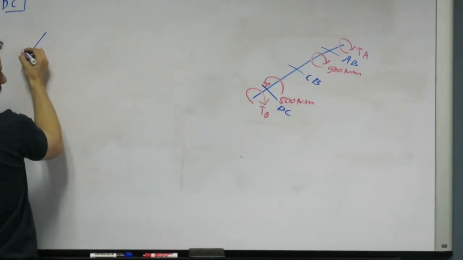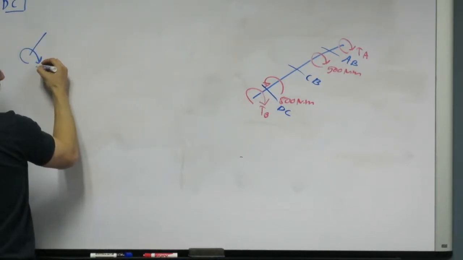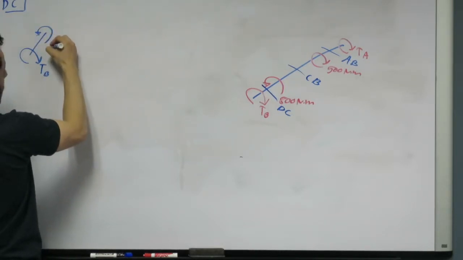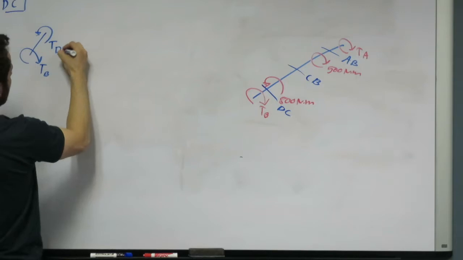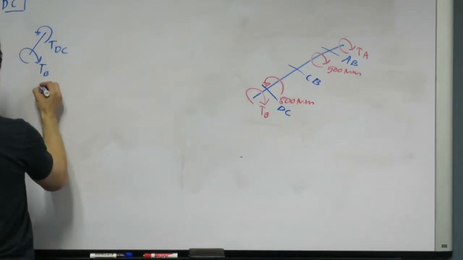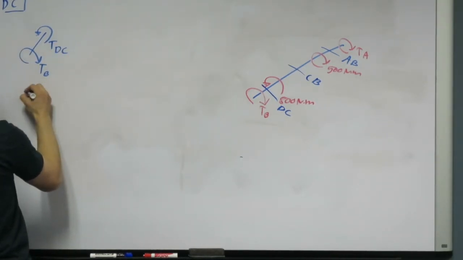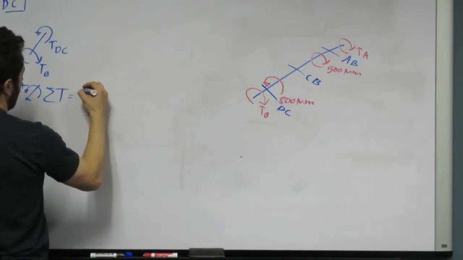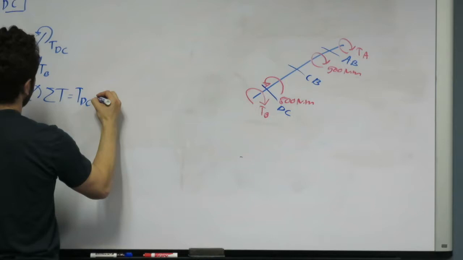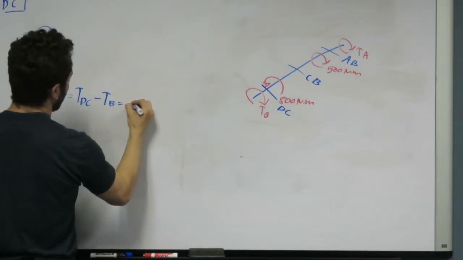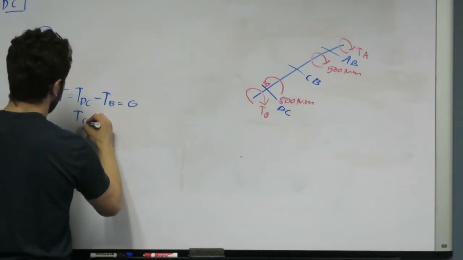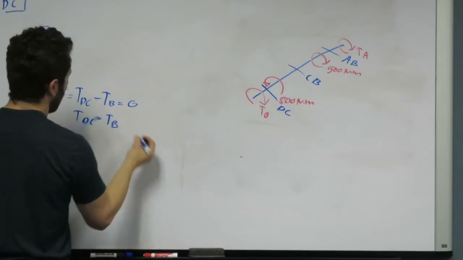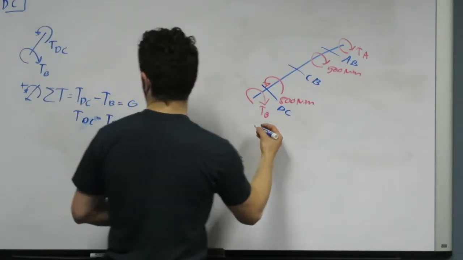We have TB here, and our internal load here is opposite of TB. We have TDC. If we assume this way is positive, we get TDC minus TB equals 0. So TDC equals TB. So that's our first section.